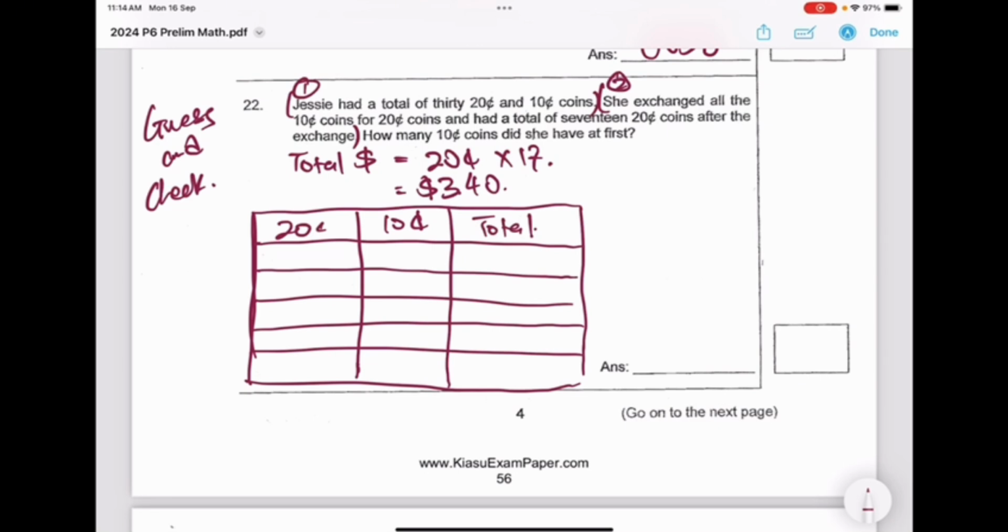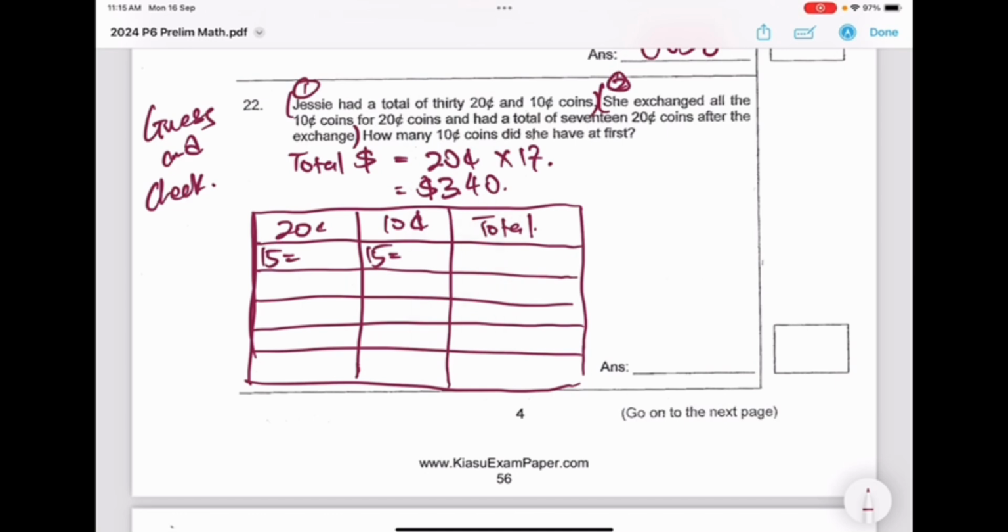So what I'm going to do is to start with 15 and 15 first. I'm going to write the value of 15 20-cent coins and the value of 15 10-cent coins, and add those two numbers up to see if my total reaches $3.40.